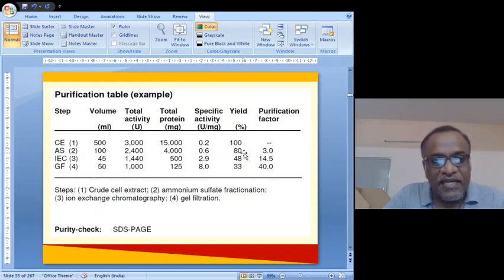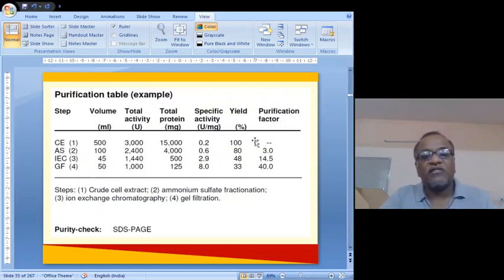The yield keeps on decreasing because you are removing the unwanted compounds or molecules, and there is an increase in the specific activity as you adopt several separation methods, and the purification factor is also increasing. So how do we calculate the purification factor or the yield?